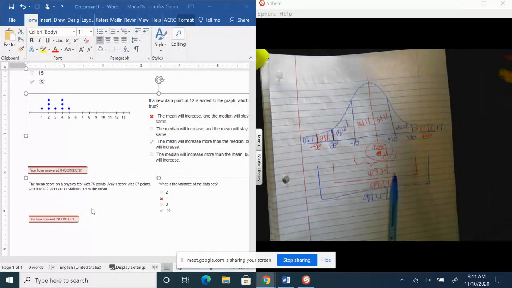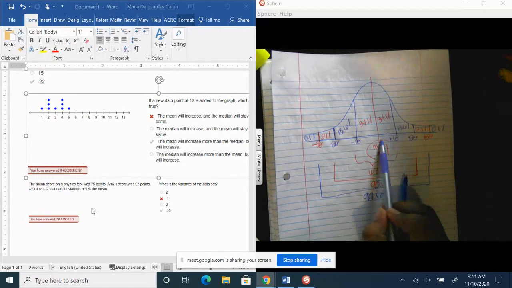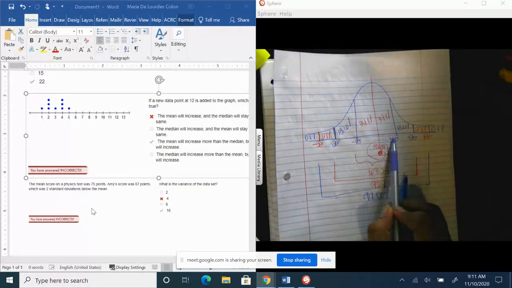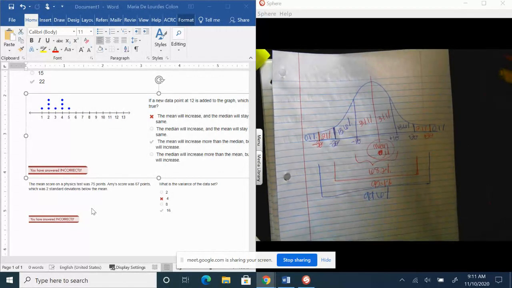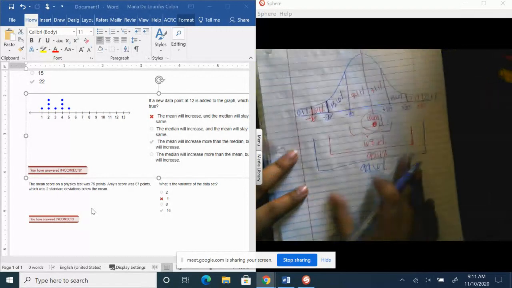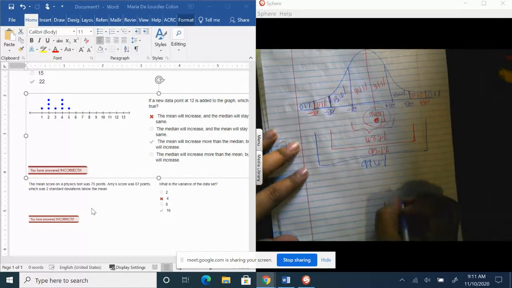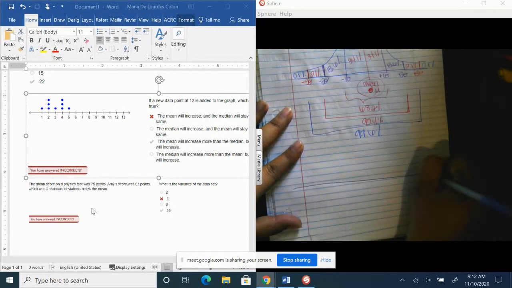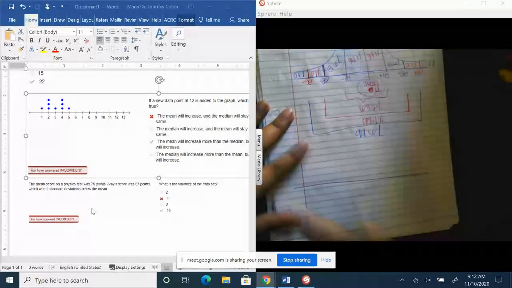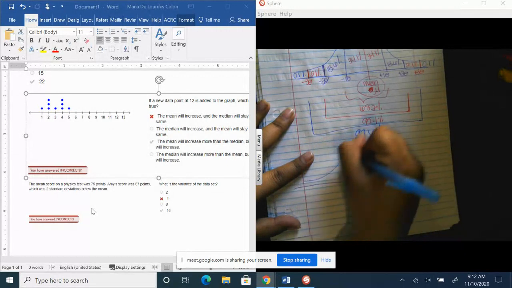So here we have our standard deviation. One of the ways, and I think I talked with you, Brianna, about this one the other week. So here, the mean of the score is 75 points. So we're going to draw some kind of a bell curve, and let's label it. We don't know much information.